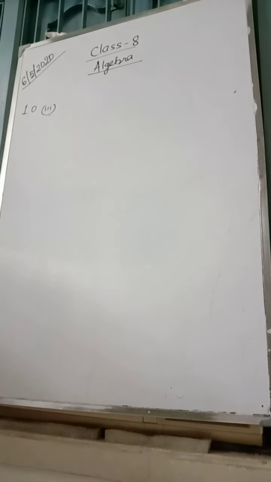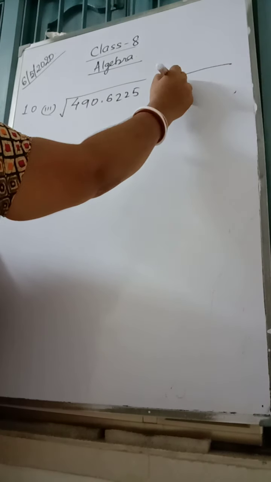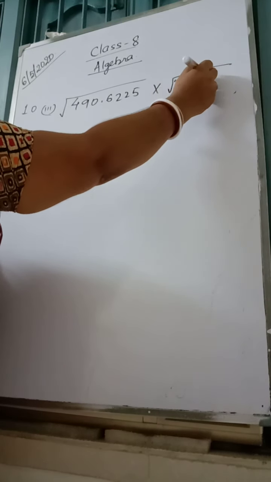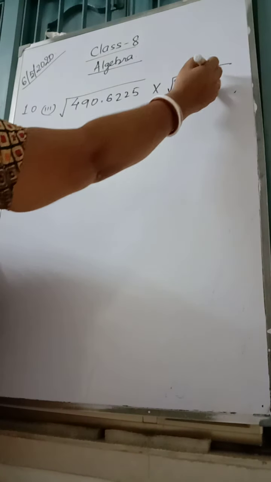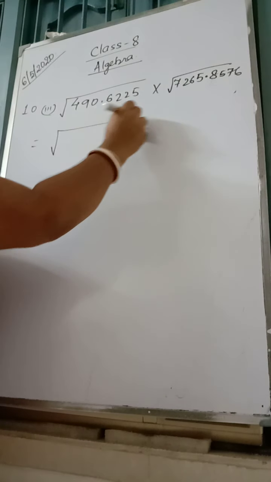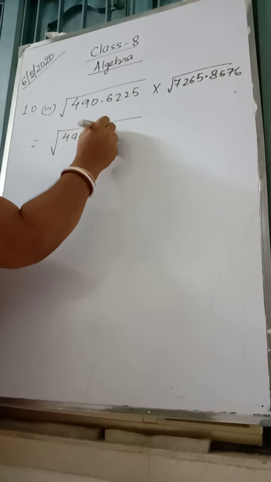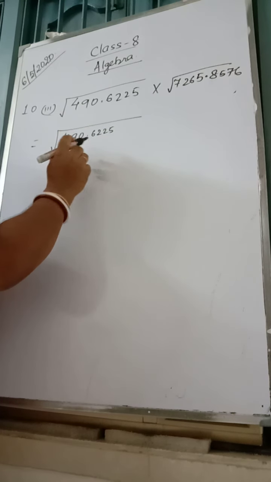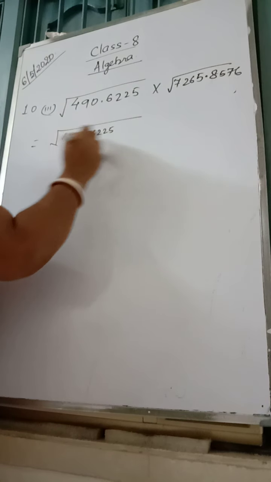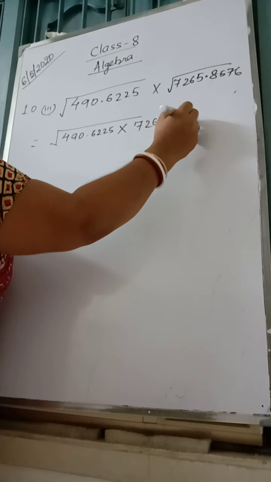See, the question is square root of 490.6225 into 7265.8576. So what we are going to do? We are going to write it together. 490.6225 under root, into 7265.8576.